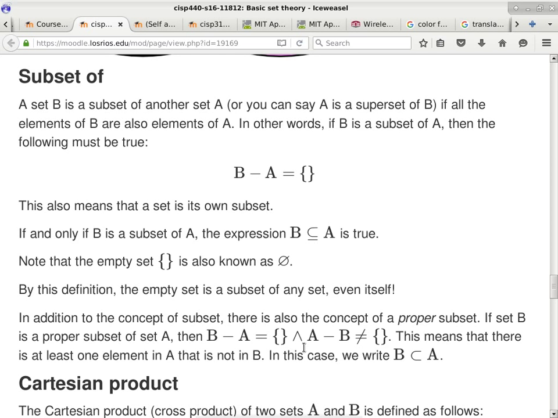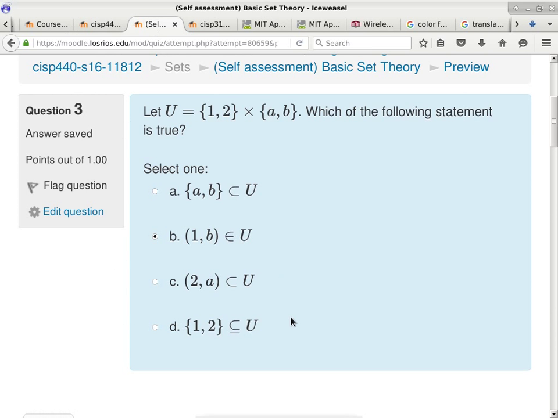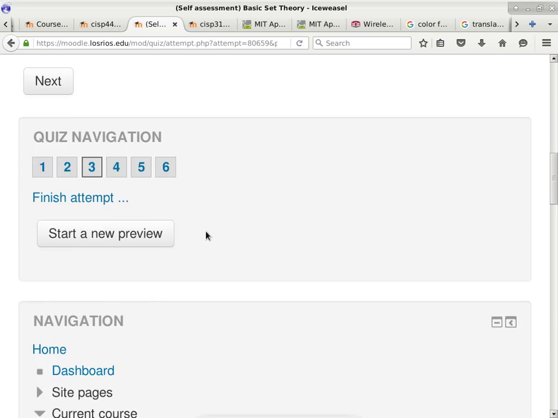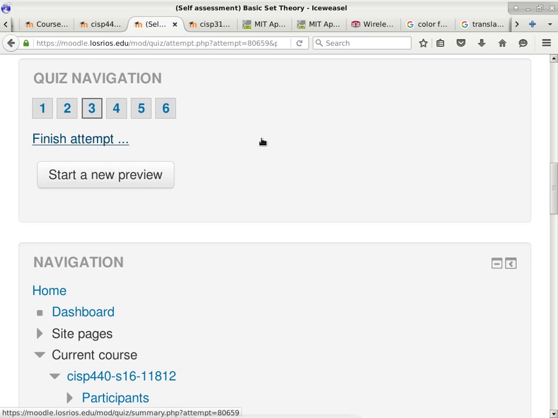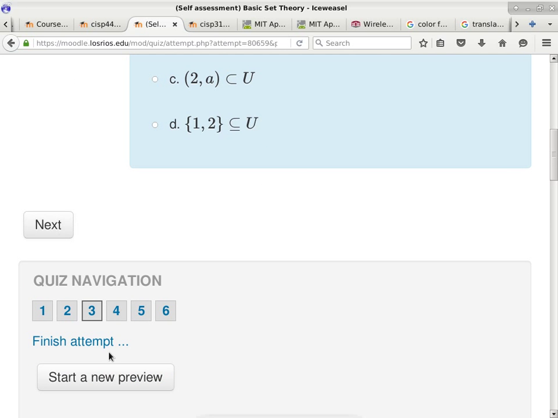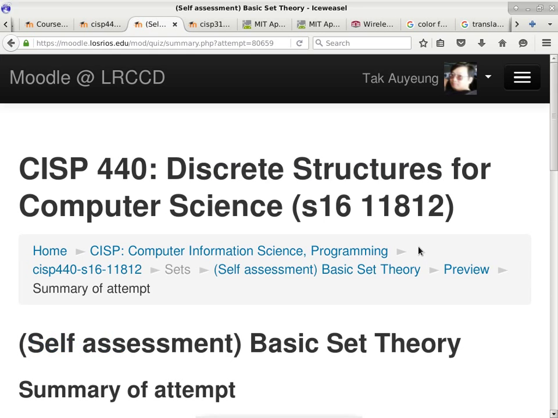Yep. All right. Any other questions about the little self-assessment? There's only 6 questions. There were only 6 questions. Yep. So let me see what score I'm gonna get. Finish attempt.